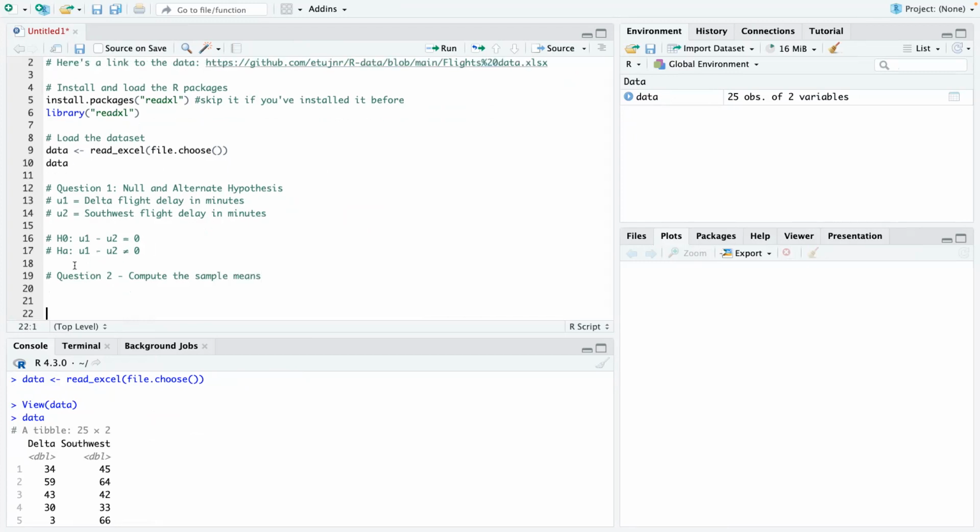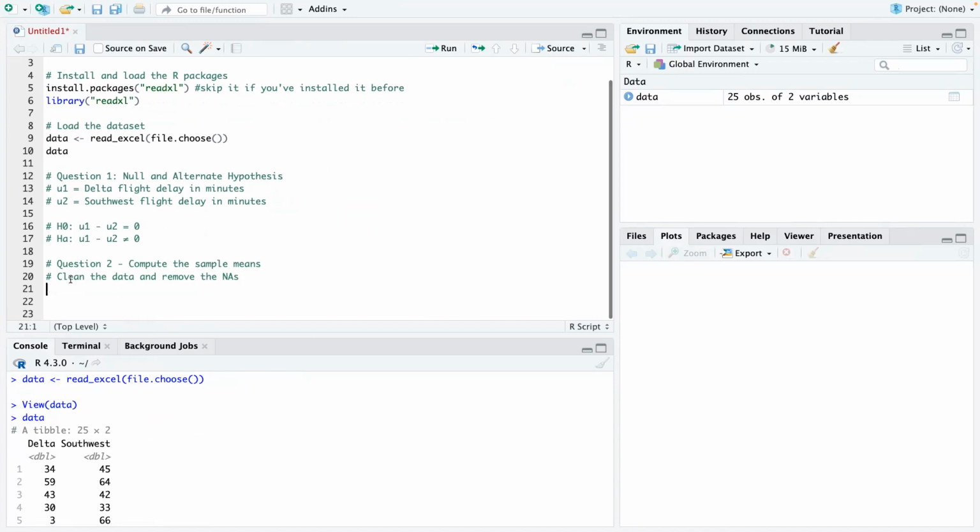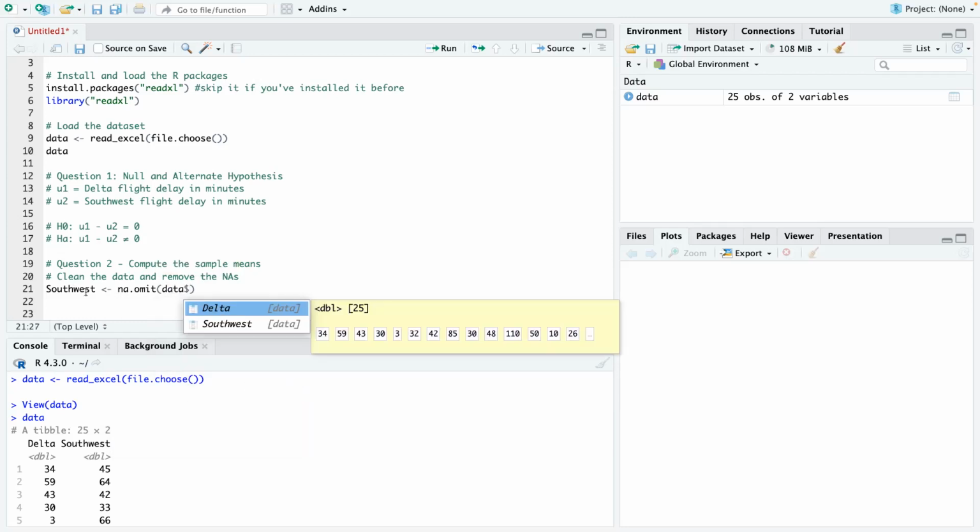But before we compute the sample mean, we have to clean the data, especially the Southwest one. So clean the data and remove the NAs. That's the reason why we're cleaning the data. I'm going to create a new variable called Southwest. Remember, we use na.omit to take out the NAs from our data, and then you click $ and click on Southwest.